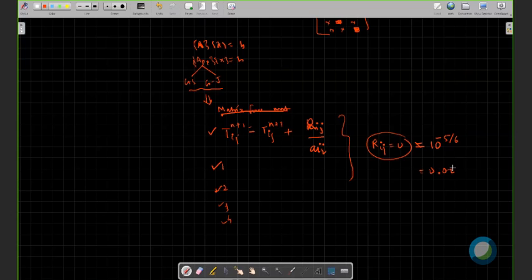It should be close to 0. Rij should reach such values. Then you stop your simulations.